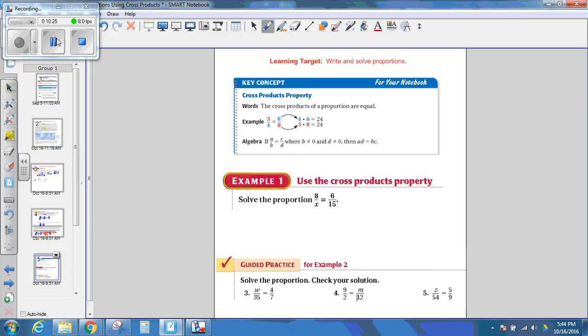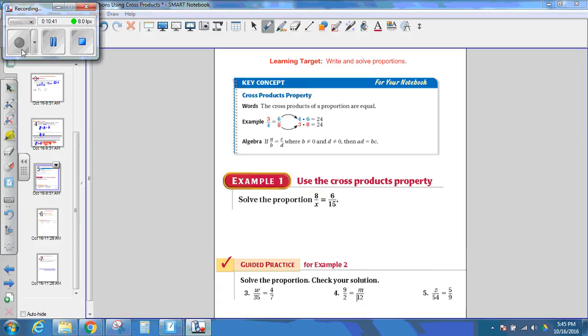Okay. So this leads us right into cross products for when we get more challenging problems. We're going to multiply across, so the numerator of one to the denominator of the other, and set that equal to the denominator of the first to the numerator of the second. Okay, so that's basically the same as what we just did. So I'm going to use the cross product again.